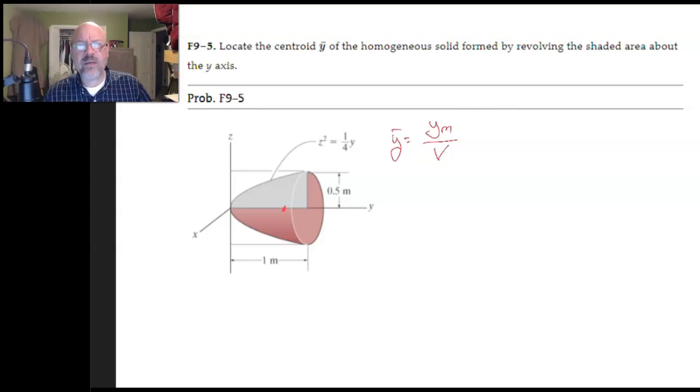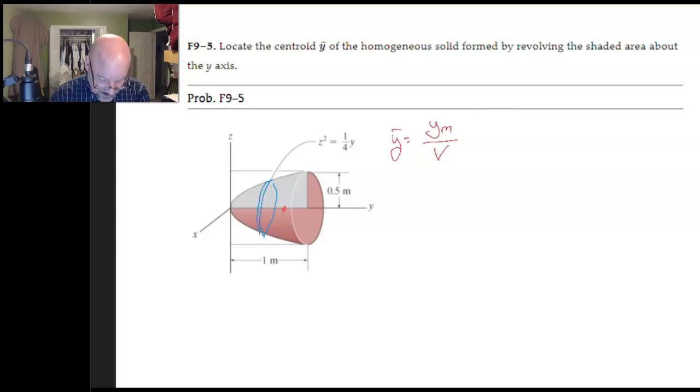Instead of using a Calc 3 thing, we could do cylindrical coordinates and say we've got an r dr d theta dy kind of situation, but let's not do that. Let's just slice this thing up into a bunch of disks.